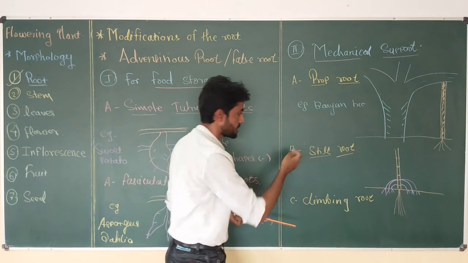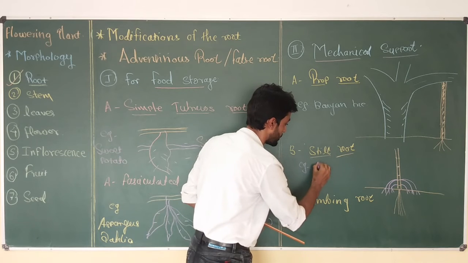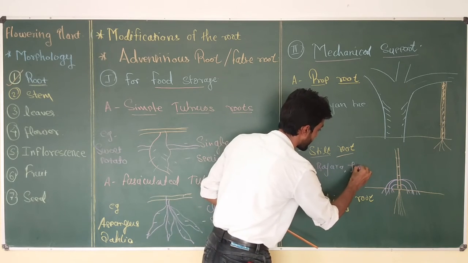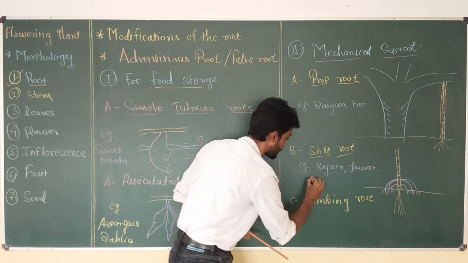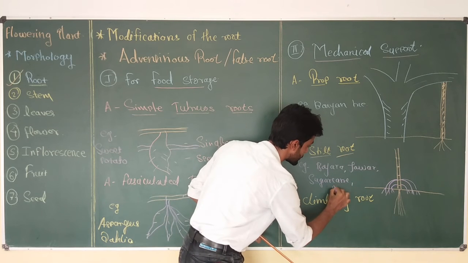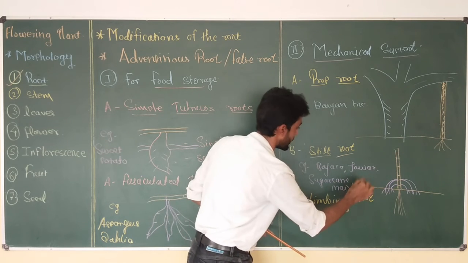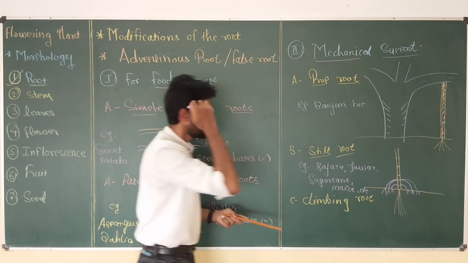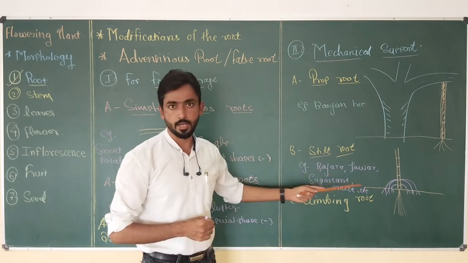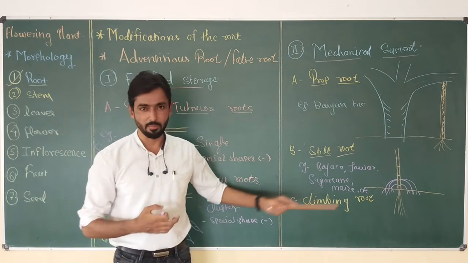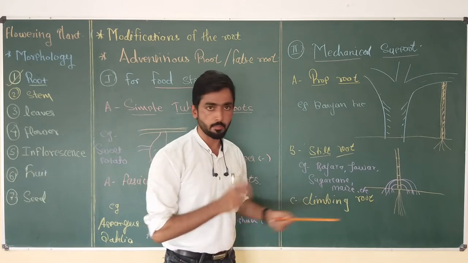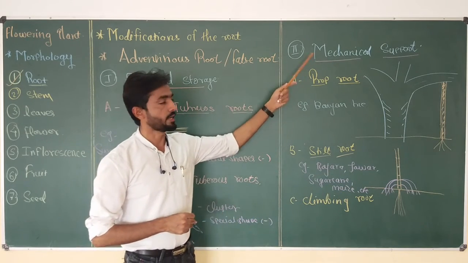Examples of plants in which stilt roots are observed are bajra, jawar, sugarcane, maize, etc. Okay, so you can observe this type of stilt root in all these plants like bajra, jawar, sugarcane, maize, and many other monocotyledon plants. Okay, so this is the second example of roots involved in mechanical support.